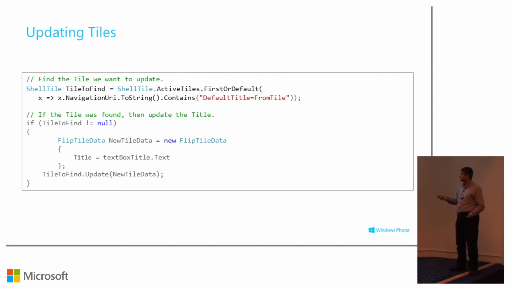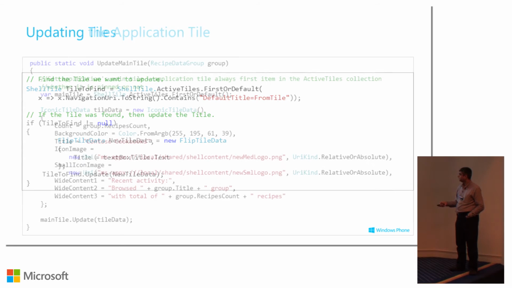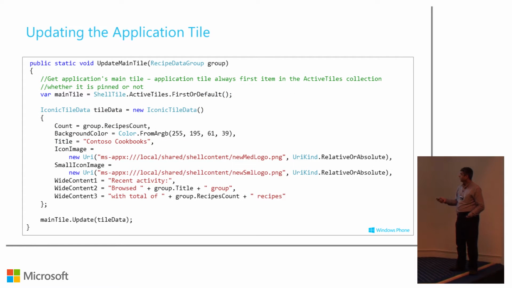Right? So we are getting the first or default, and then we are updating the title to the text. And this is a template for the iconic tile. We are updating the iconic tile with certain new images.